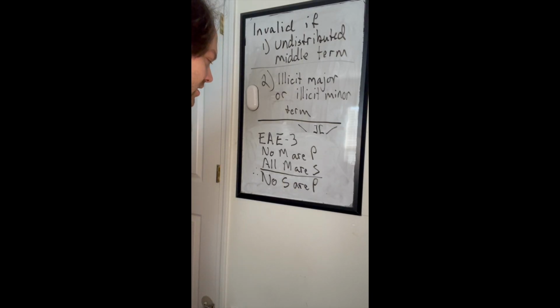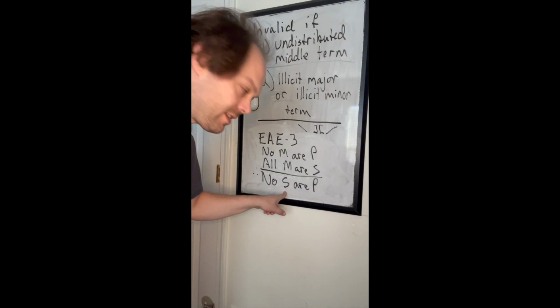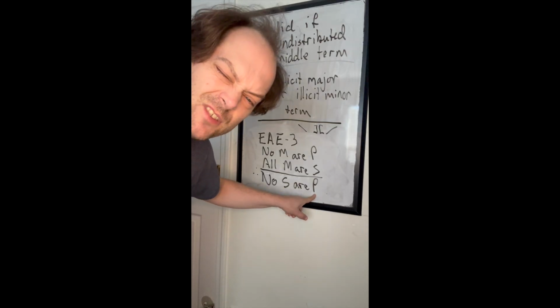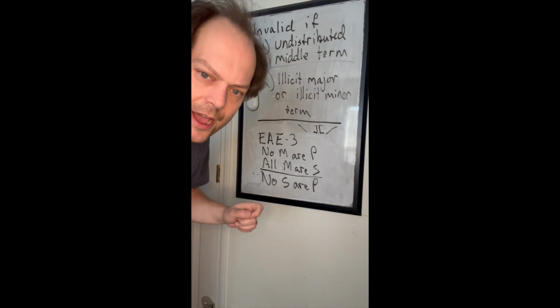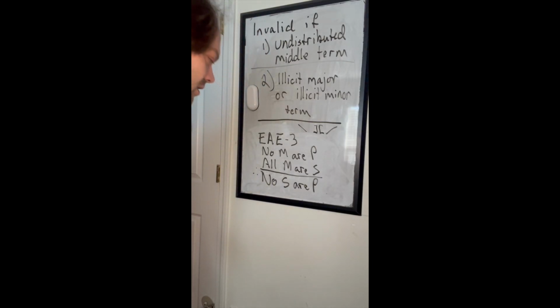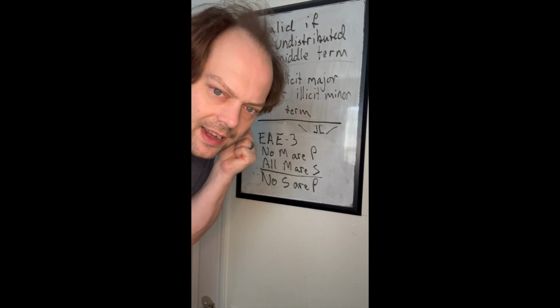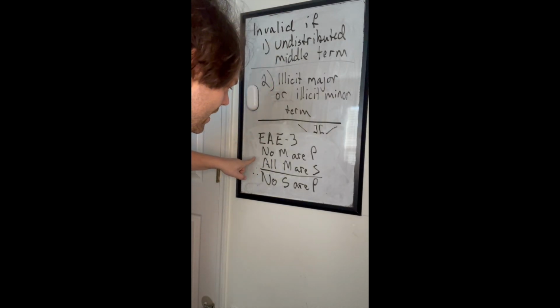Let's see, could we change this a bit to no fish are whales, all fish are aquatic, so no aquatic things are whales. Well, that doesn't work. Aquatic mammals show us a counterexample, show us that it's possible to have true premises and a false conclusion. So it's not valid if we can think of categories that display its invalidity.